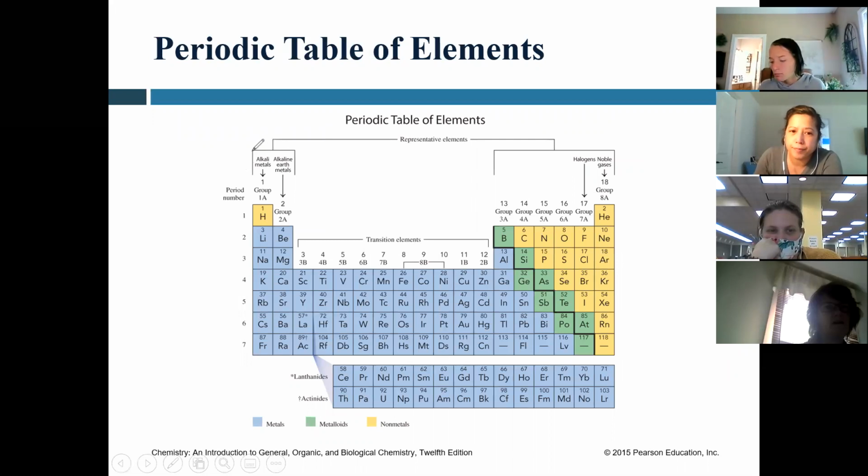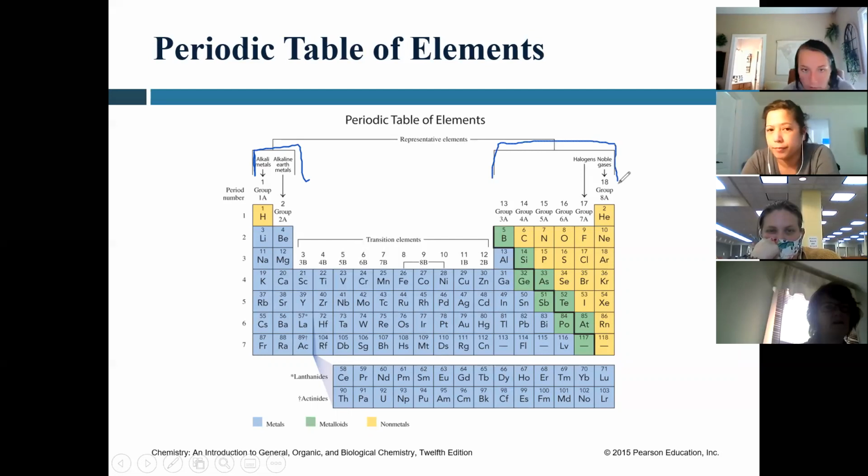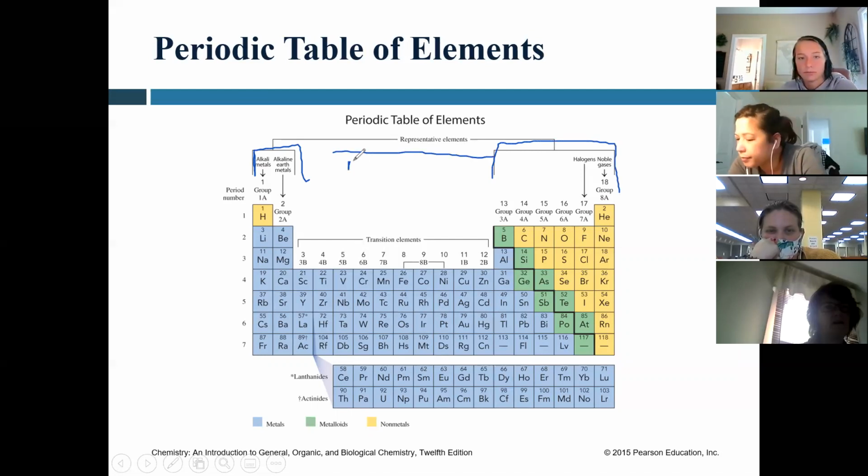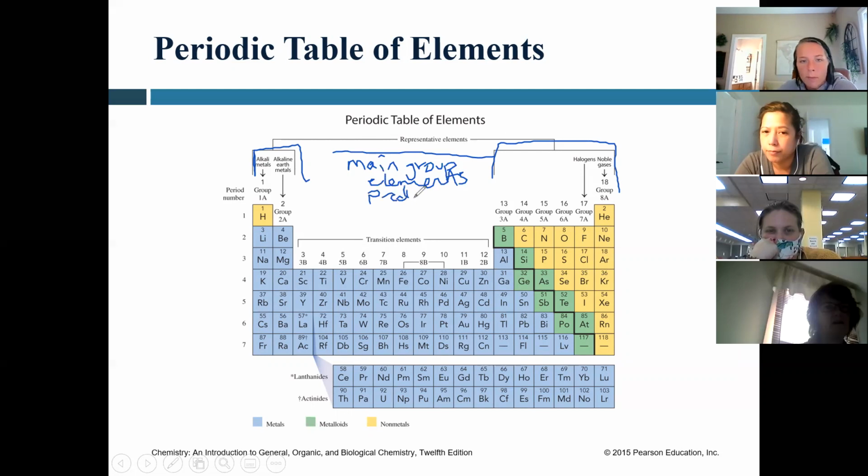So these 2 over here and these 6 over here. These are the main group. They have predictable properties to them. So we kind of like them.